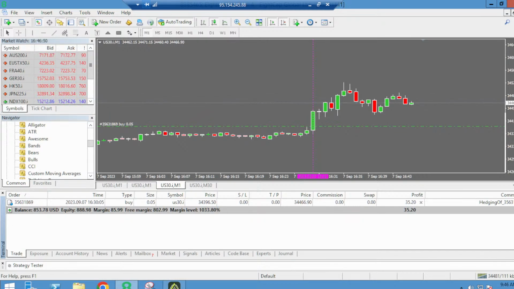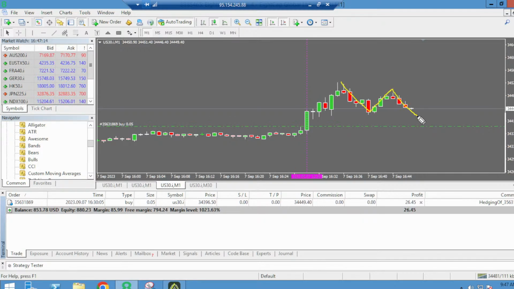Whichever one price chooses to do, we are just going to flow with it. There is also this one. That possibility exists as well.